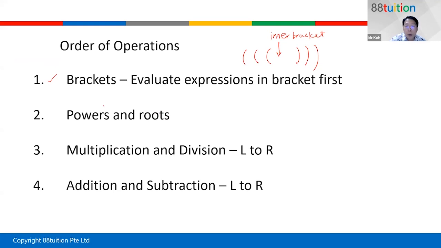Then in primary school, you don't really do powers and roots in the number sentence. But in secondary, there are a lot of powers, things like 2 to the power of 2, 2 to the power of 3, even 2 to the power of 4, and so on. And then roots, you have a square root. Actually, for square root you don't have to write a 2. Then we have a cube root, where you put, let's say, 81.